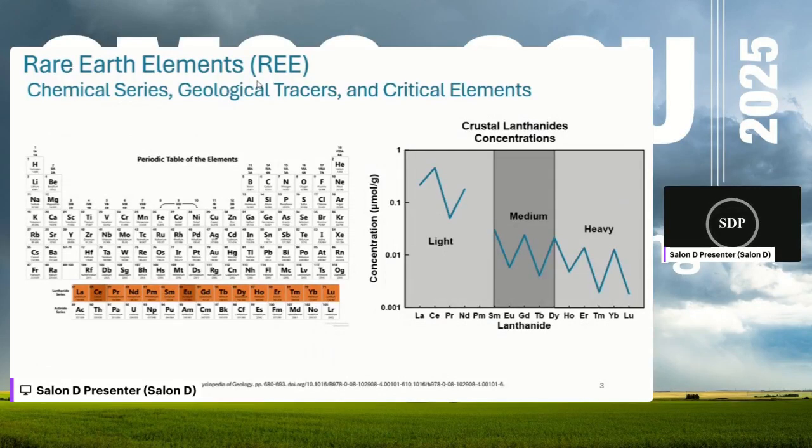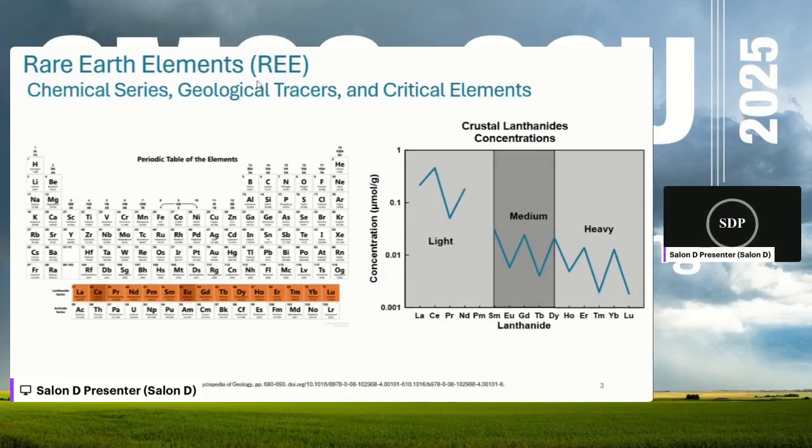Another nice thing about them is that in the environment, they tend to react in 3 different groups. We can separate them into light, medium, and heavy rare earth elements, and those groups will react even more similarly together. Also, because of the Oddo-Harkins effect, they tend to vary in a sawtooth pattern, so we need to find a way to reduce this effect.